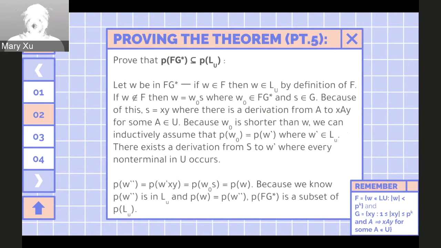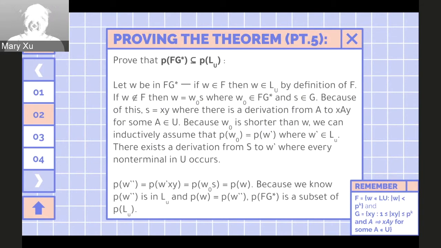So going forward, now we can prove that P of FG star is a subset of P of L sub U. If we let W be in FG star, then W equals W0 S, where W0 is in FG star and S is in G. Now, if S equals xy, then there exists some derivation from A to xAy. So this is very similar to the previous part of this proof.